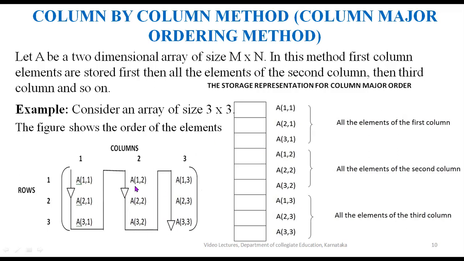In the next three slots, A12, A22, A32 are stored. And the next three slots are reserved for the third column, which is A13, A23, and A33.